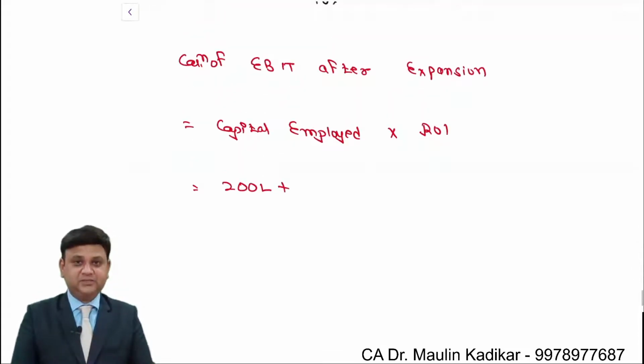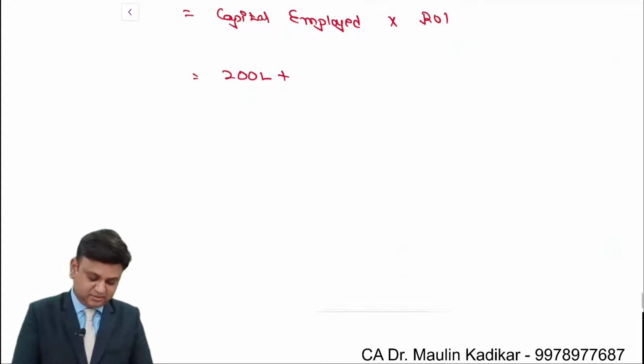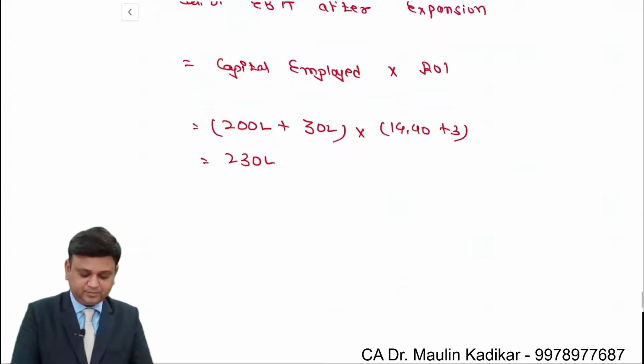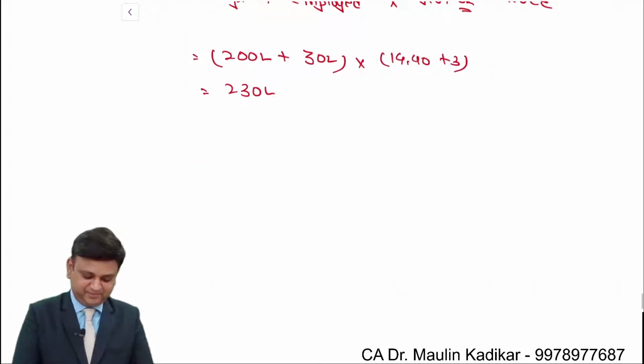So 200 lakhs plus 30 lakhs. Plus 30 lakhs. It is overall 230 lakhs into 14.4 plus 3. The return on investment, or it is given a name as return on capital employed. So 230 lakhs into 17.3%.